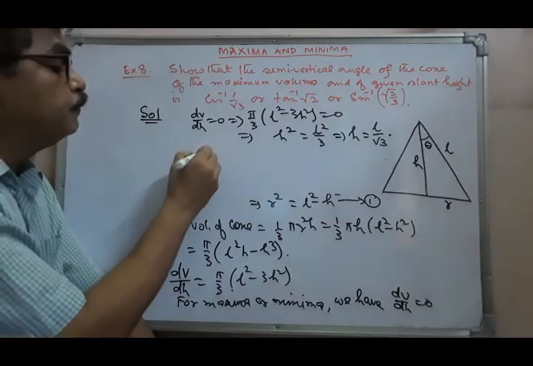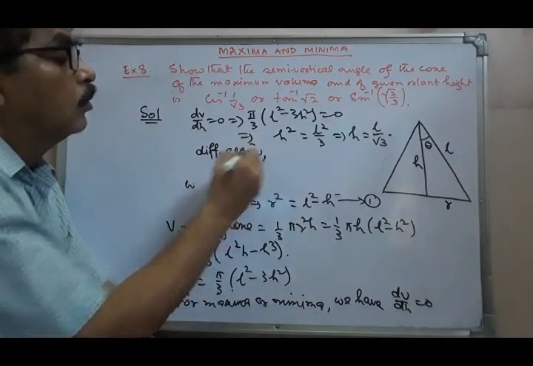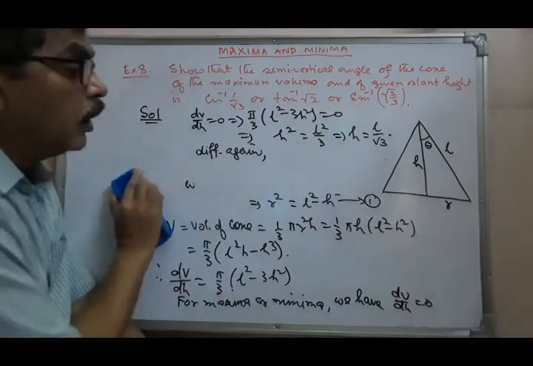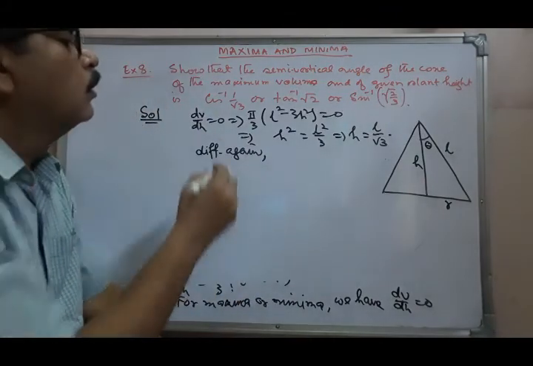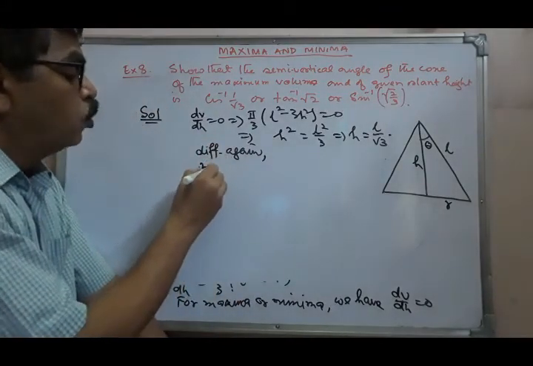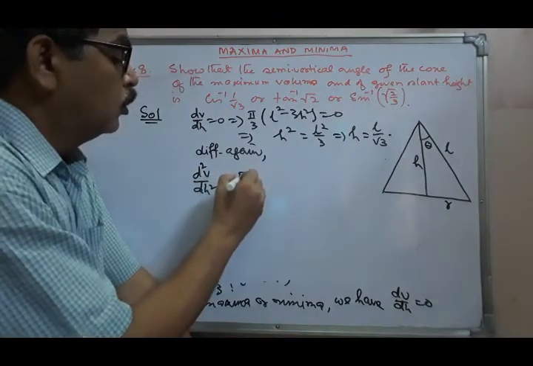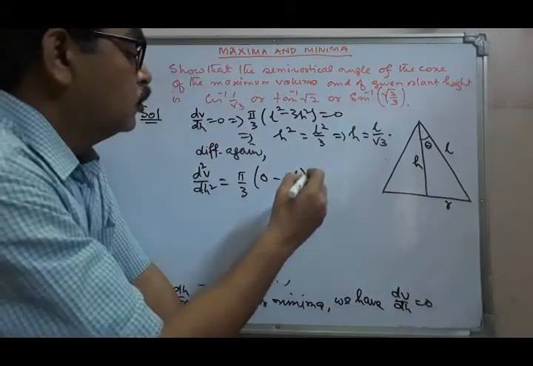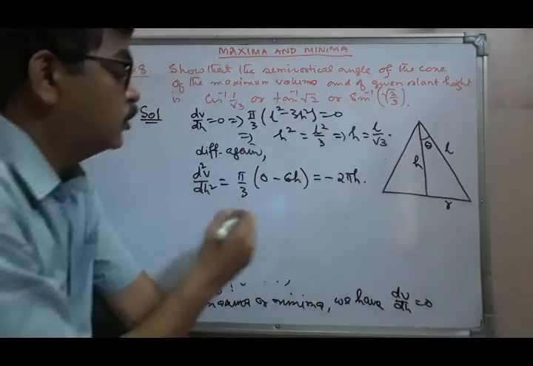Differentiating again, what will we get? d square V by dh square equal to pi by 3 into (0 minus 6h). So that is minus 2 pi h.